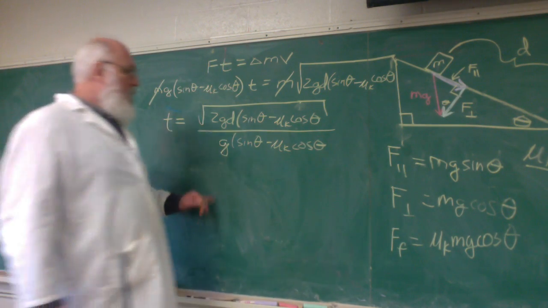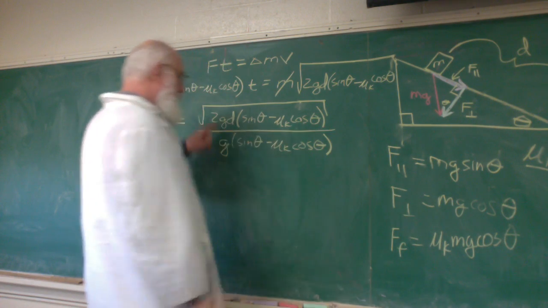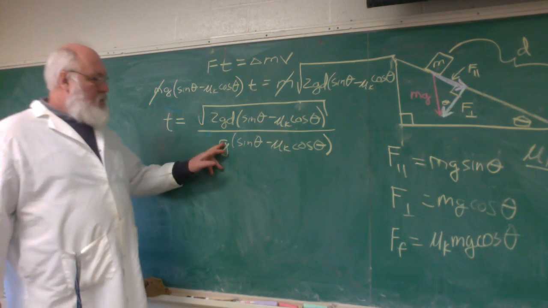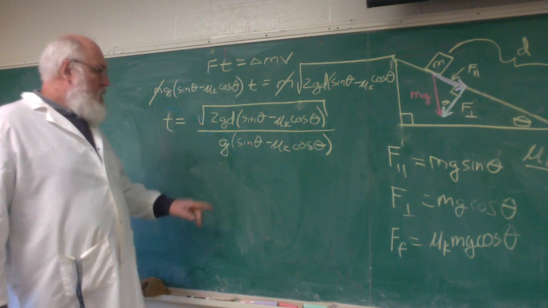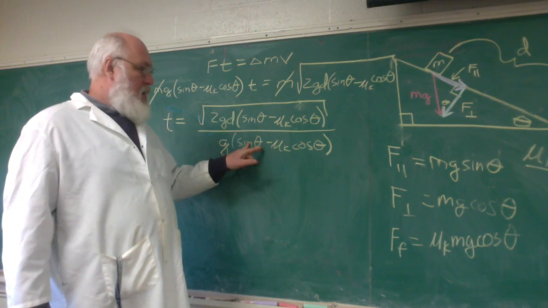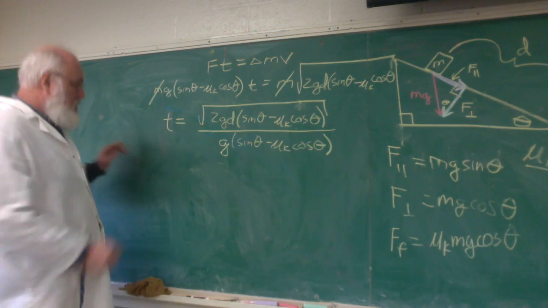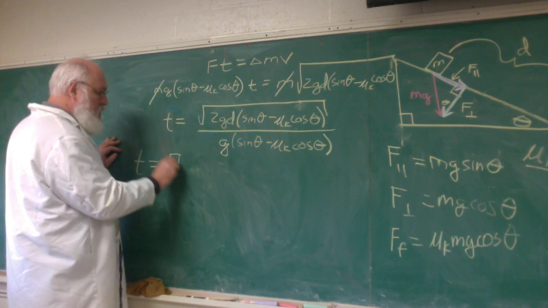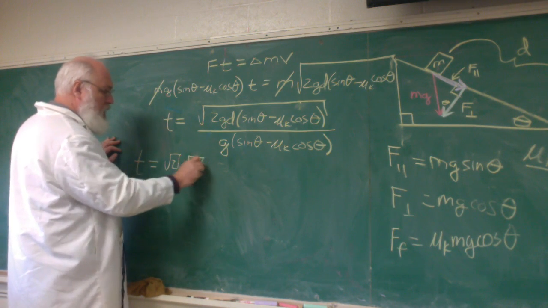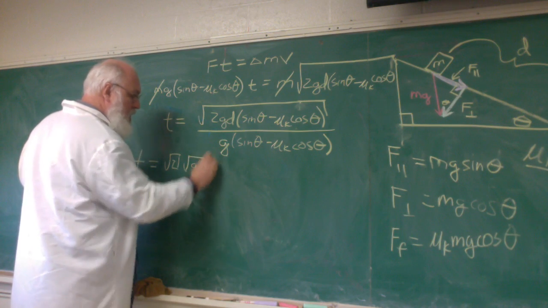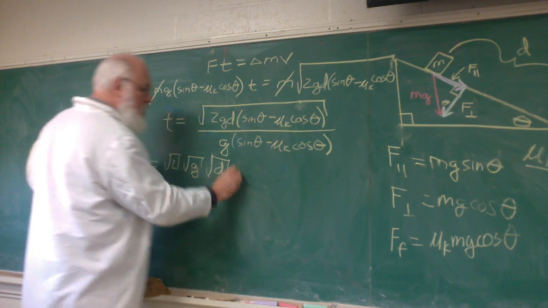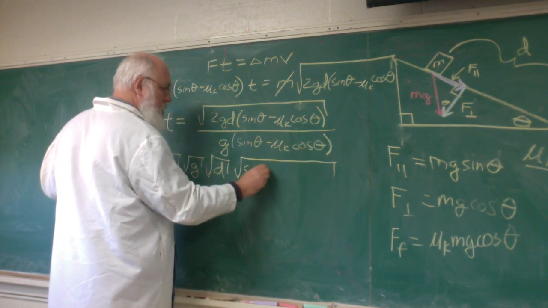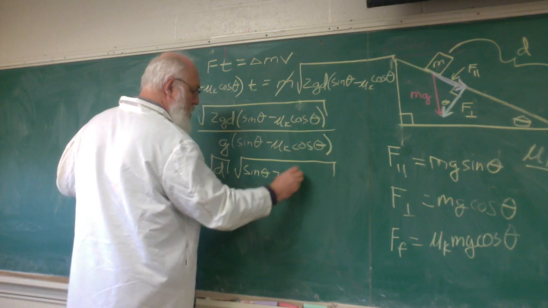Now we can do a little bit better with this in terms of simplification. g is really the square root of g times the square root of g, and this quantity is the square root of this quantity times the square root of this quantity. So we can simplify t and break this apart. There's the square root of 2, square root of g, square root of d, square root of (sine theta minus uk cosine theta).